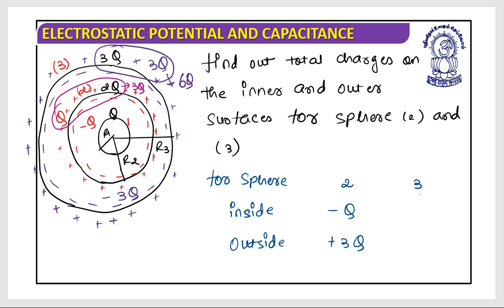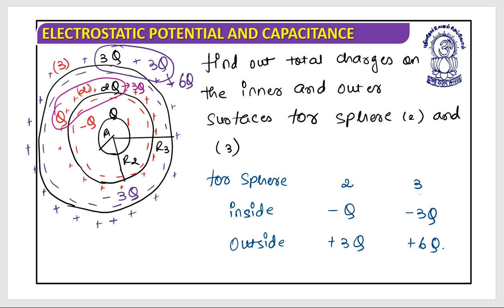For sphere 3, inside it is minus 3q, and outside it is plus 6q. So this would be your answer. I hope these things are clear to you. Yes. So will you be able to solve this kind of question? Are you sure?